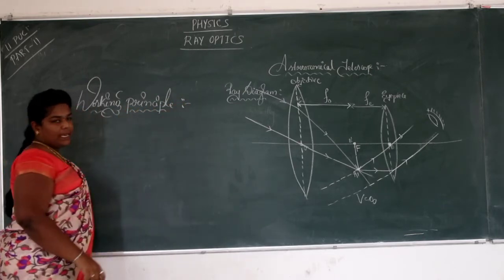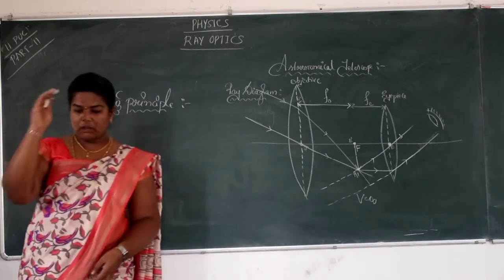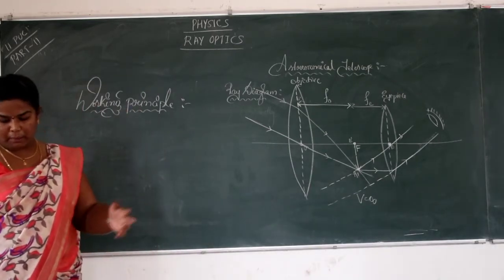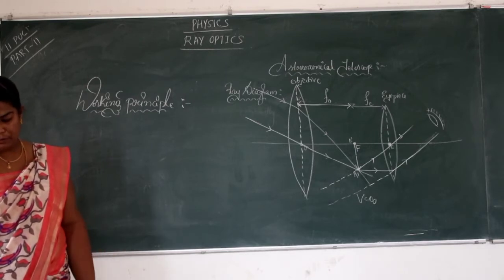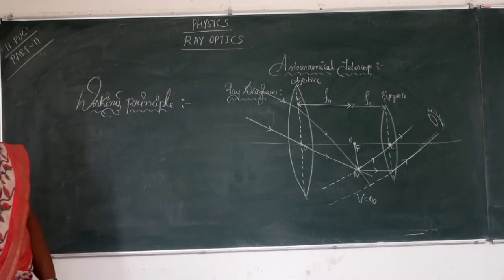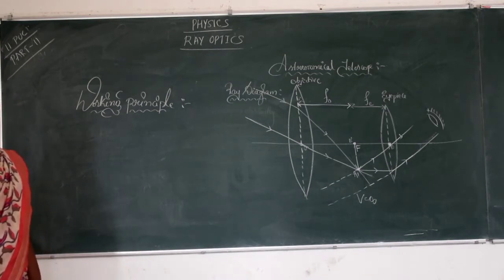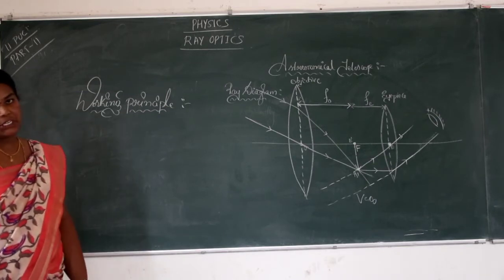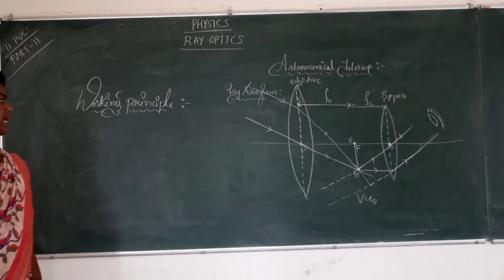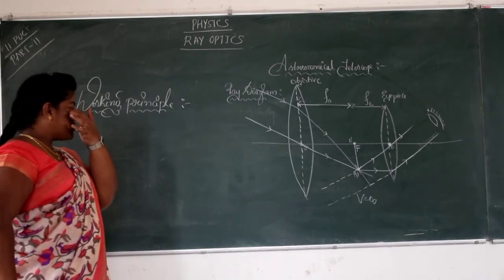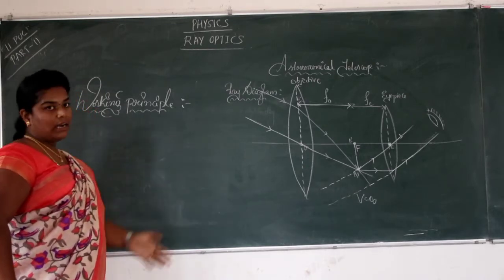Yes, now let us see the working principle. Take down that, I will just say it. The parallel beam of light from the distant object falls on the objective lens of the telescope, it forms a real inverted image at the principal focus of the objective lens. Full stop. In the next line, the image formed by the objective lens serves as an object for the eyepiece.